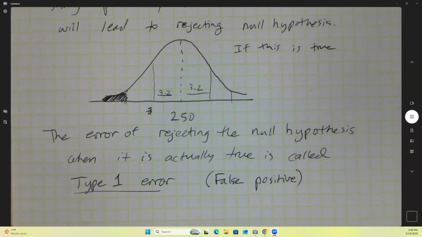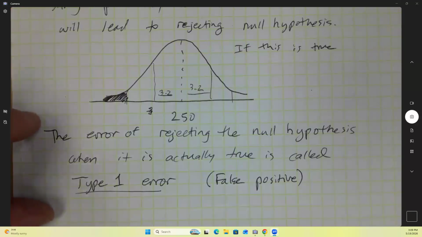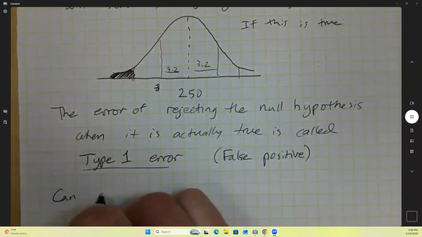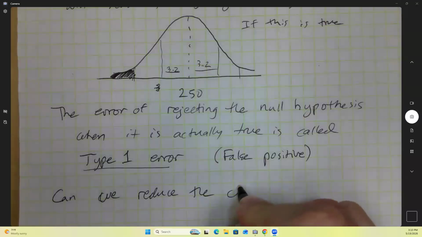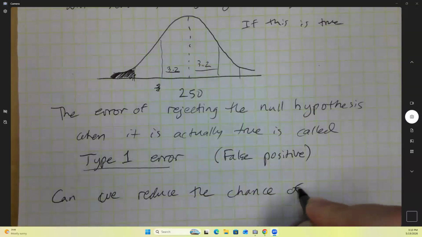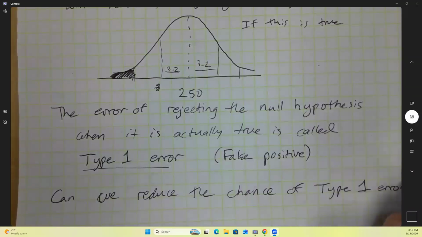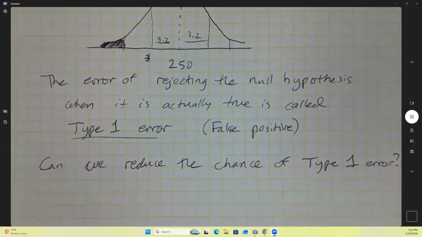Are there ways of minimizing, or making the chance of a type 1 error smaller? So can we reduce the chance of type 1 error? And if so, how? Yeah, we could change our significance level.